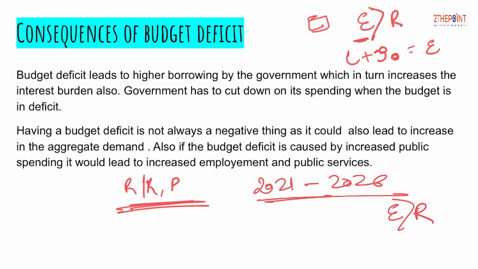So sometimes the government needs to spend for the development of the nation, due to which there is a situation of budget deficit. So we cannot always conclude that a budget deficit is a negative thing. It could also be a sign that the economy is growing, or is on the path of development.